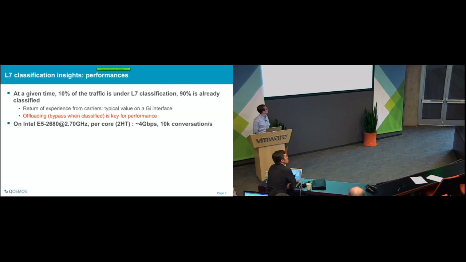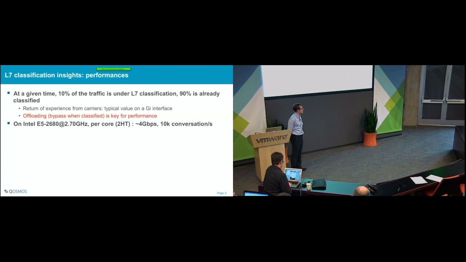And I'm actually interested to unpack these numbers a little bit, because if you're saying the 4 gigabit per second is what you can get per core, I'm assuming that is the 10%, which is still being classified. And therefore, the total traffic on the network would then be 40 gigabit per second, per core, obviously.